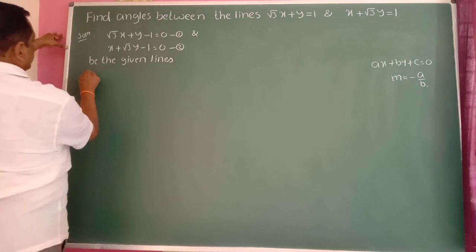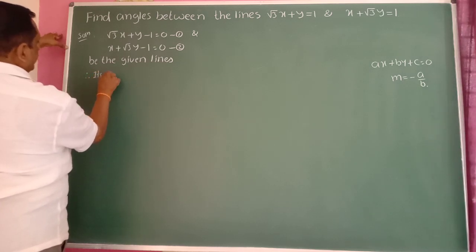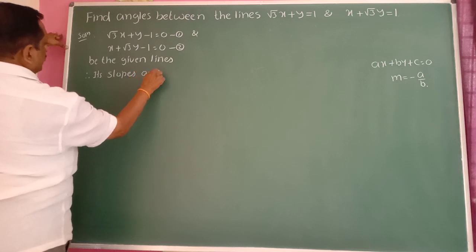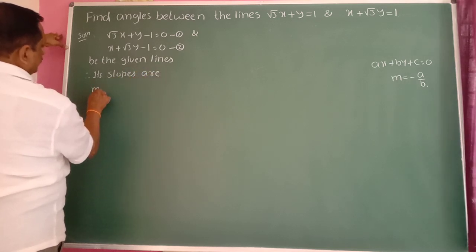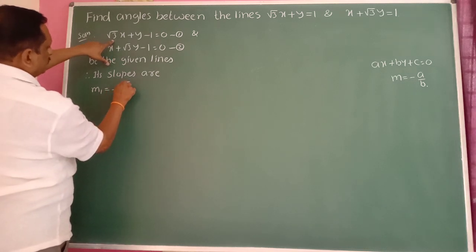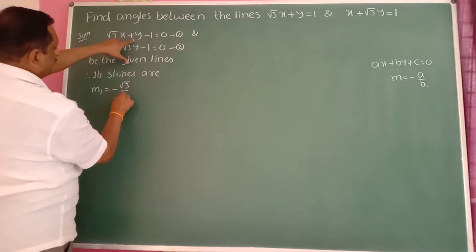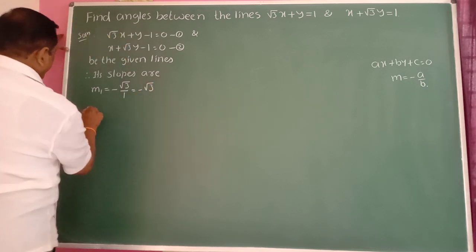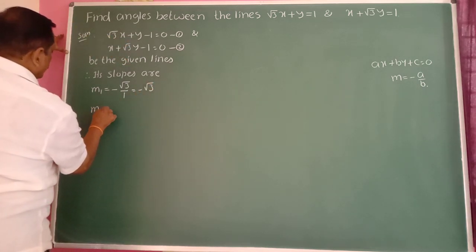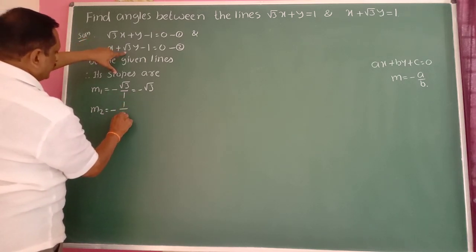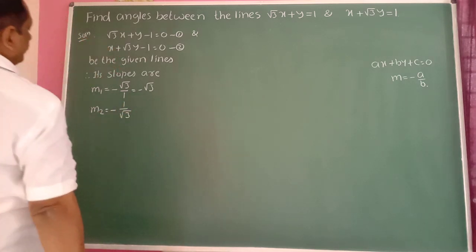Therefore, its slopes are m1 equal to minus root 3 divided by 1, which is minus root 3, and m2 equal to minus 1 upon root 3, that is 1 divided by root 3.